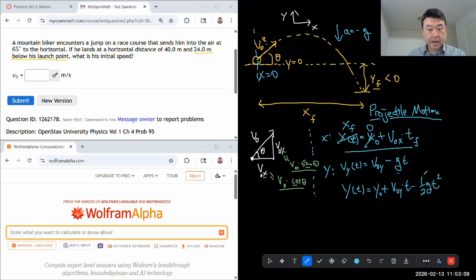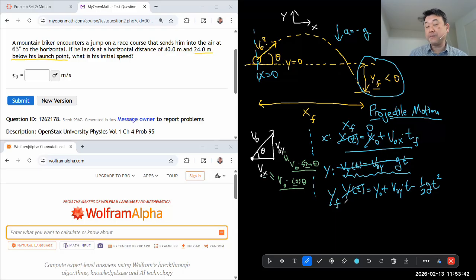And now looking ahead to the kind of information we are given, we are given this y final, the number that I'll be plugging in, and we're not really told anything about the final y speed. So I have a sense that this equation is probably not going to be useful. So I'm just going to cross it out for now and not use it unless something forces me to. And for this y position equation, I'll say, okay, my final y height, I'm just going to label it yf.